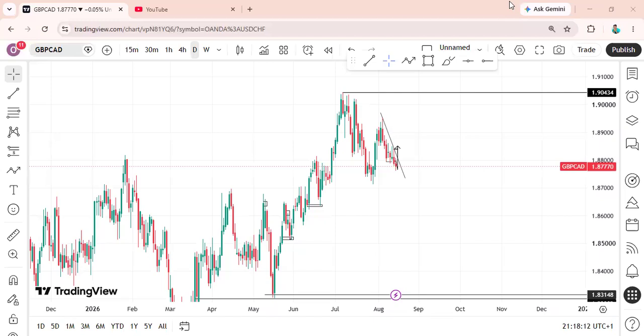Guys, my TradingView is malfunctioning. This doesn't usually happen. I don't know why today. Why is this happening today?